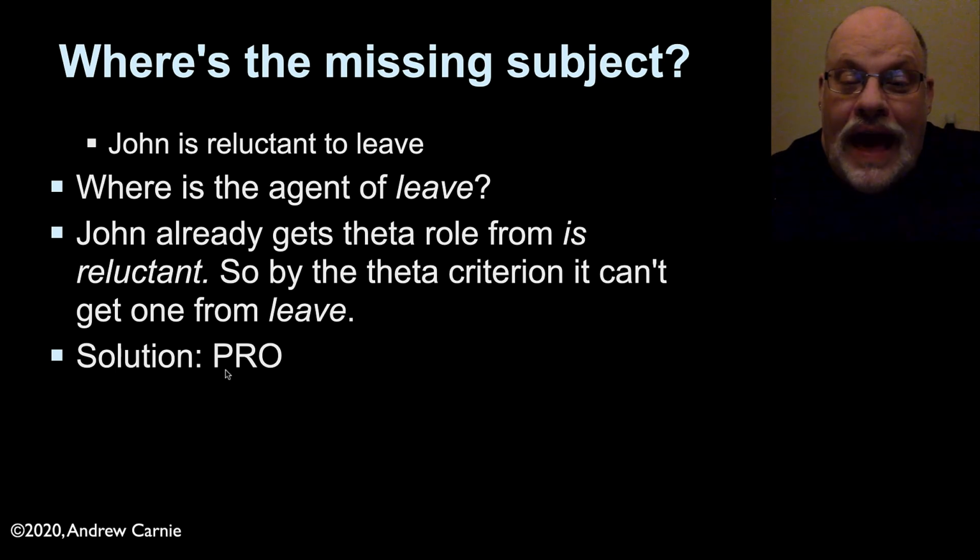So this is capital PRO, also known as big PRO. It's called big PRO because it's in all capitals. And big PRO will function as the missing subject. And when we do this, we will no longer have a theta criterion violation, because John will get an experiencer theta role from reluctant, and PRO will get an agent theta role of leave.